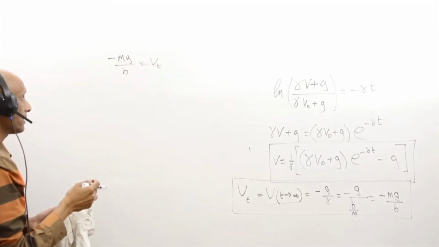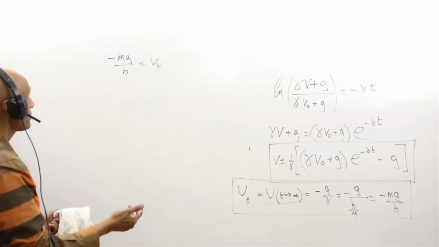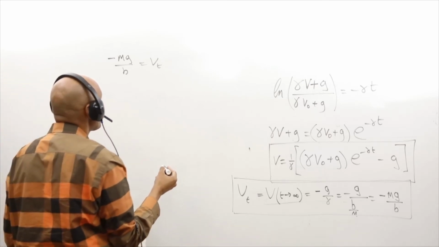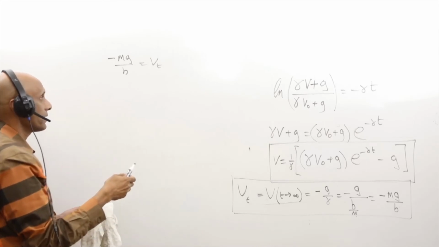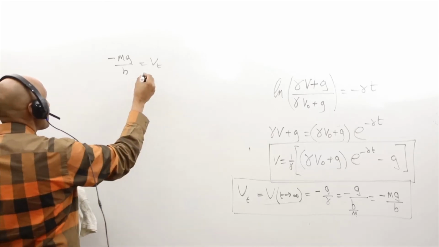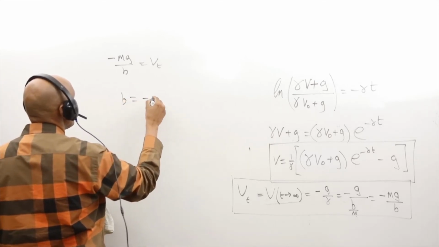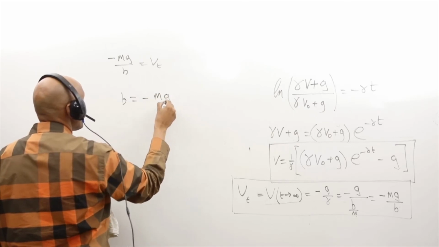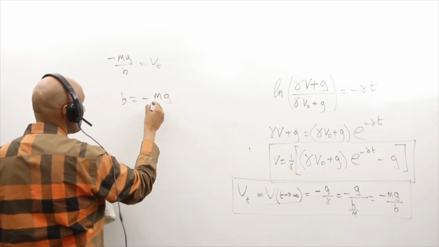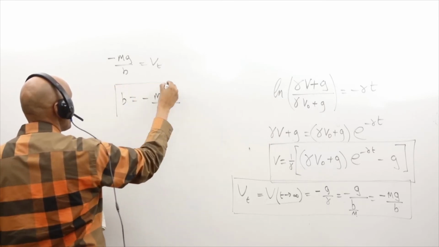If you drop a ball or somebody's a parachutist and is dropping, our first order approximation was that there is air resistance based on the velocity only. And if we solve for b, b is equal to the negative of the weight of the object divided by the terminal velocity.